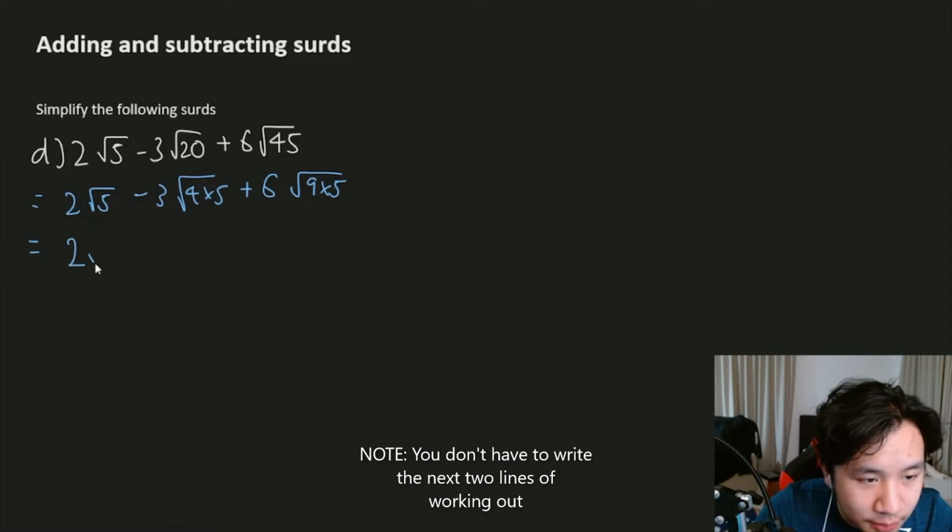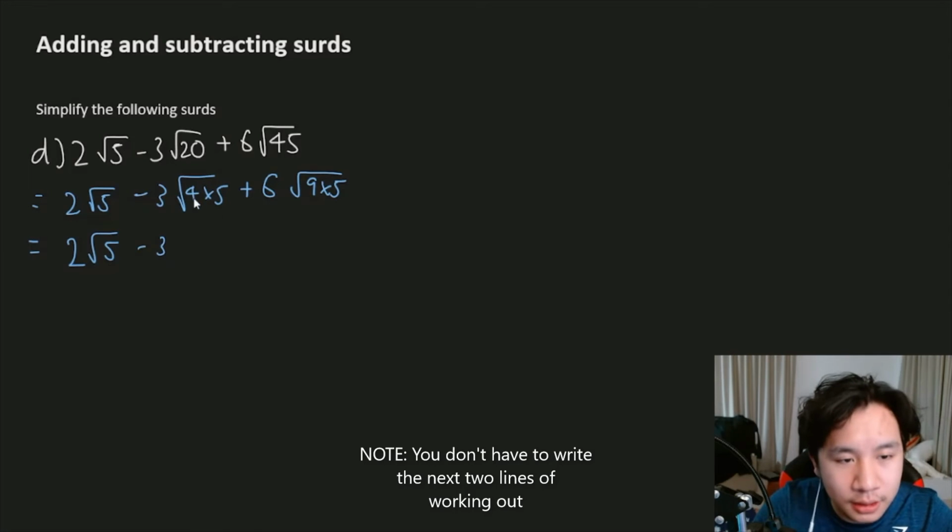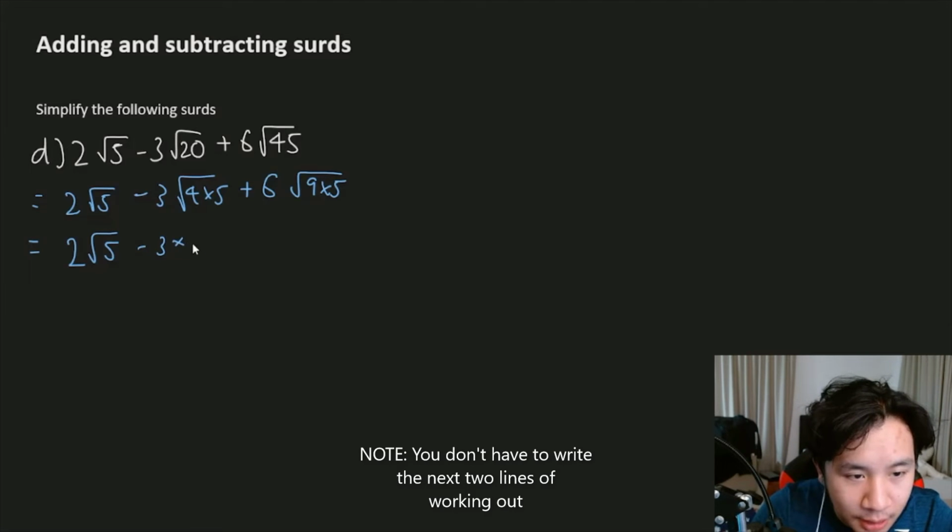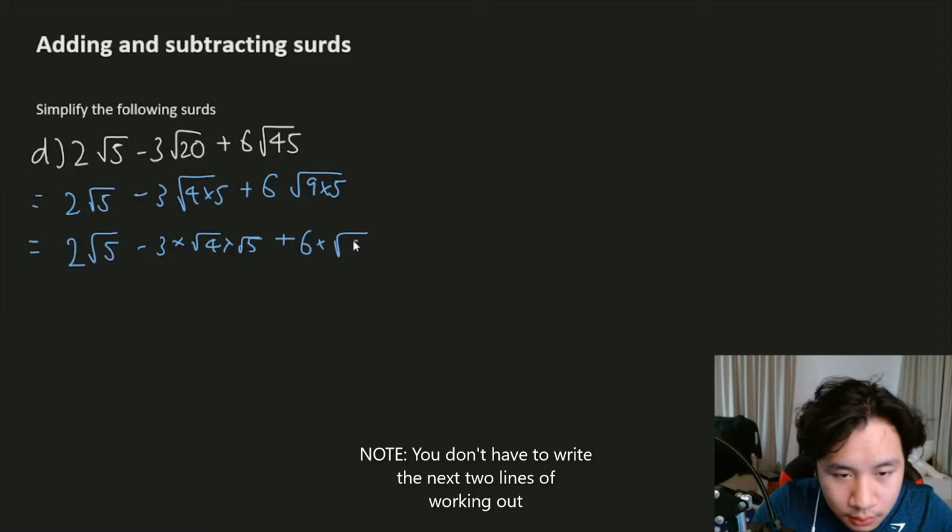So here we have minus 3, and so this can be split into root 4 times root 5. And then plus 6 times, I can split these two, root 9 times root 5.